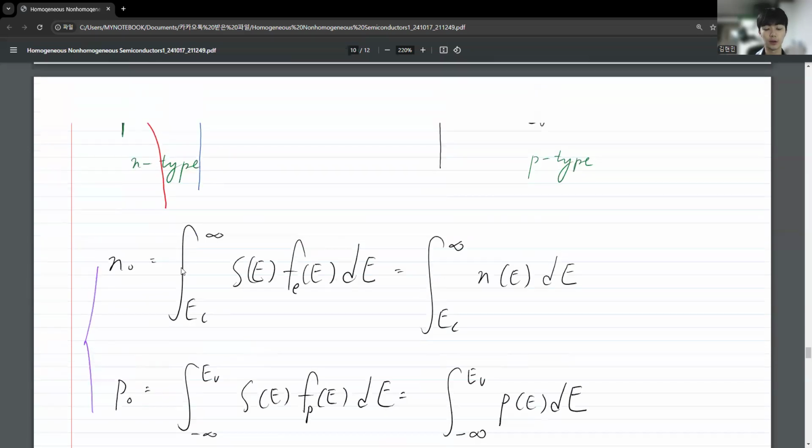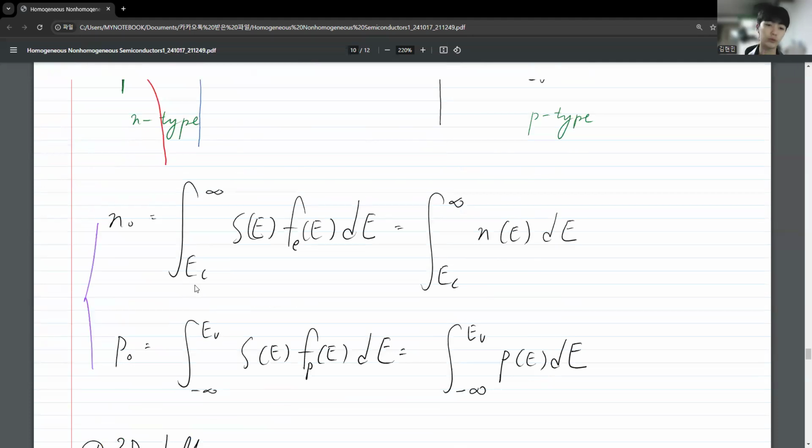The free electron concentration equals the integral from the conduction band energy to infinity of the density of states times the electron Fermi-Dirac distribution dE, which is the integral from the conduction band to infinity of the electron distribution dE.